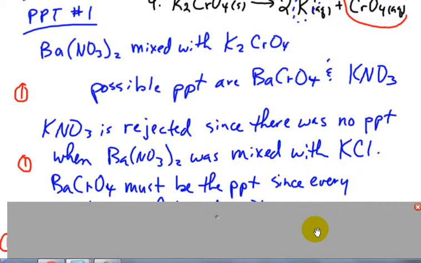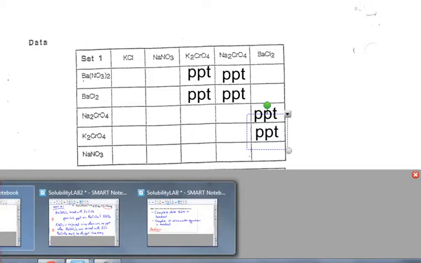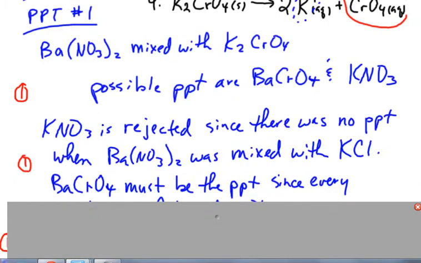So by elimination, that tells you that barium chromate must be the precipitate, but we should just take a look here and make sure. Barium and chromate, precipitate. You can see every instance where I have barium ions and chromate ions, CrO4 together, I get a precipitate.